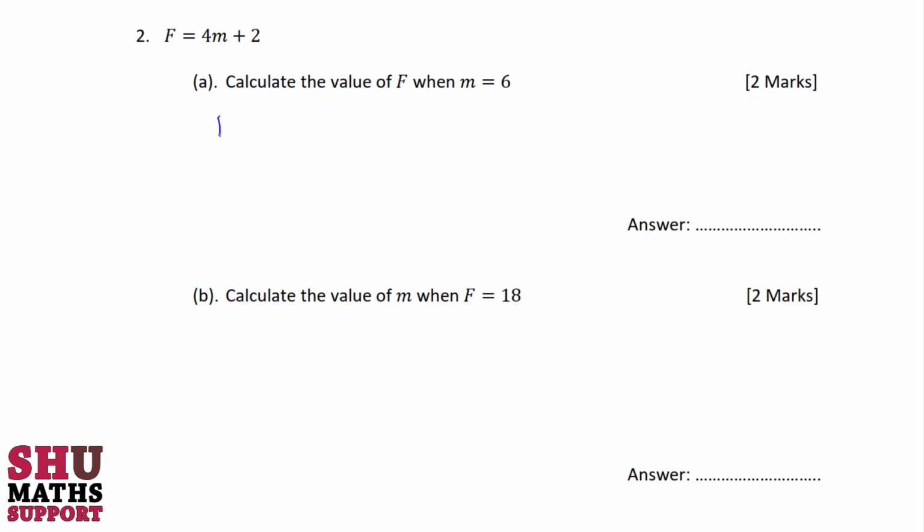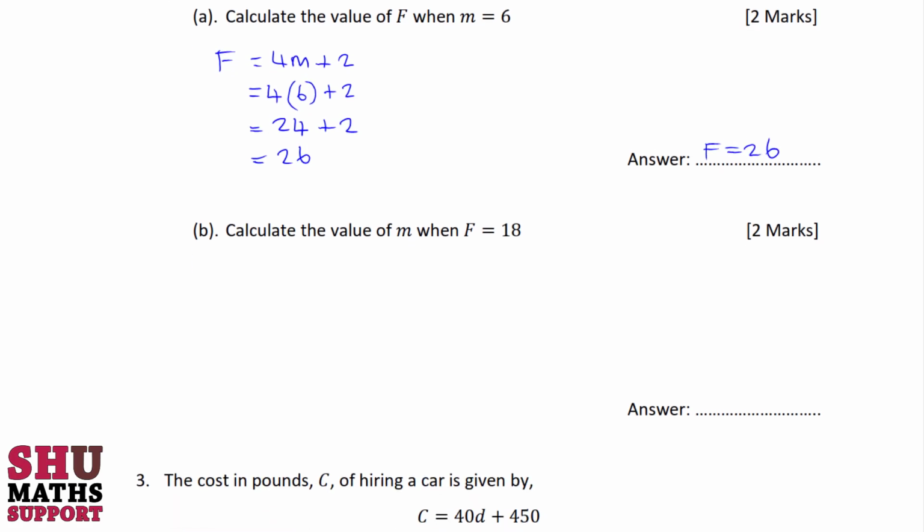We have f is equal to 4m plus 2, and we have m is equal to 6, so if we substitute m as 6, then we would have 4 times 6 plus 2, and then 4 times 6 is equal to 24, so this is equal to 24 plus 2, and then 24 plus 2 is 26, so f is equal to 26. So then on our answer line we write f is equal to 26.